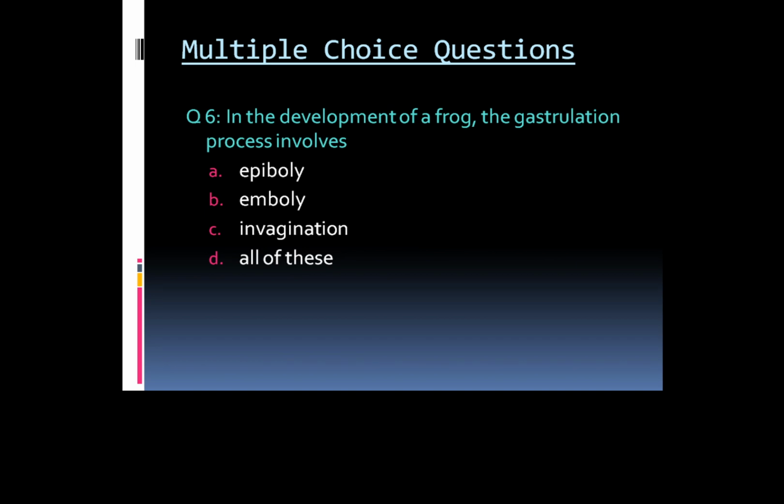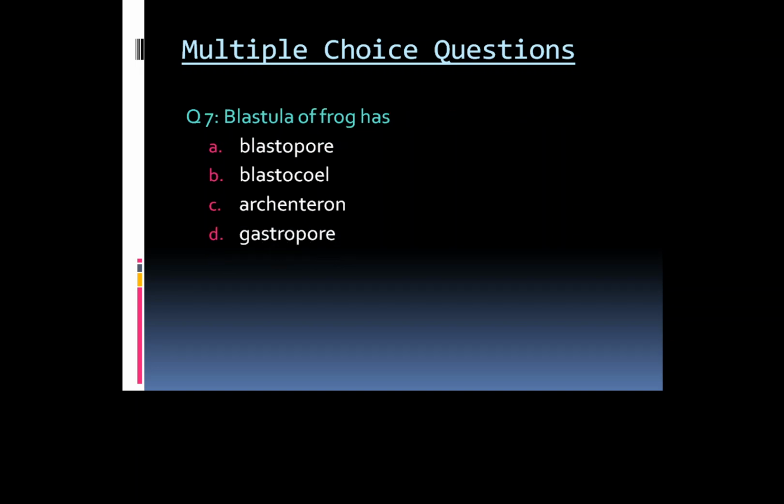Question 6. In the development of a frog, the gastrulation process involves option A, epiboly, option B, emboly, option C, invagination, or option D, all of these. Question 7.